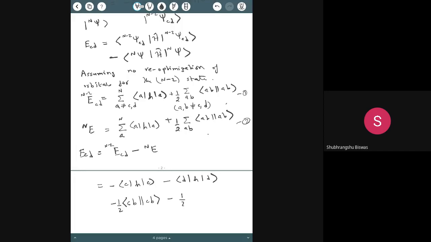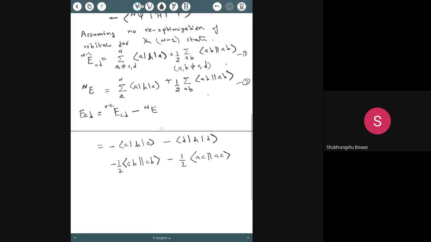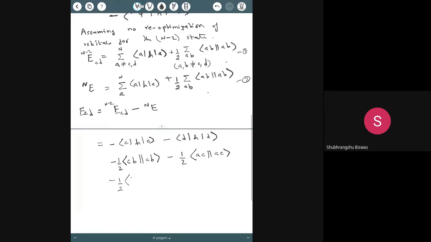Then you have when B is C, so that is AC, AC. Then you have when A is D, and then when B is D. And then when A is C and B is D, so that's CD, CD. And when A is D and B is C, that's DC, DC.